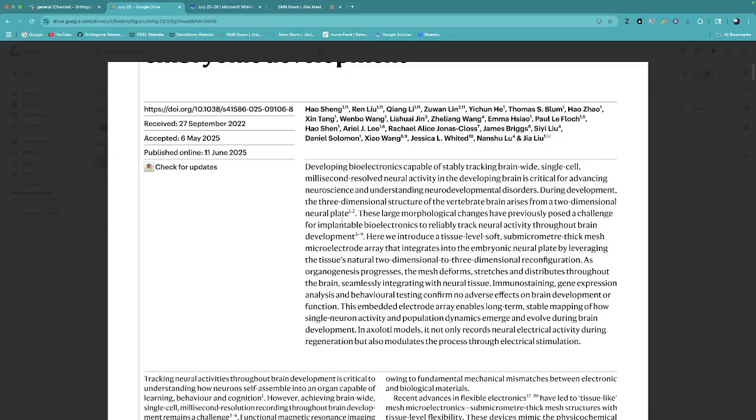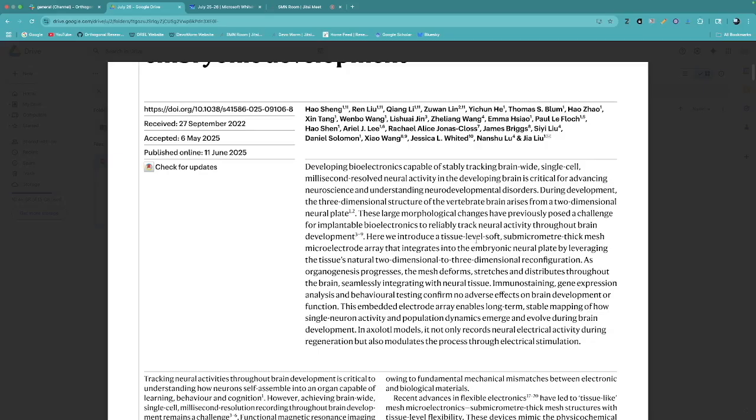So this is really kind of, if you implant bioelectronics, you have to account for these changes. So if you want to do something like track neural activity from, say, the neural plate structure to the neural tube and then on to different brain structures, you're going to have to account for these kind of morphological changes.